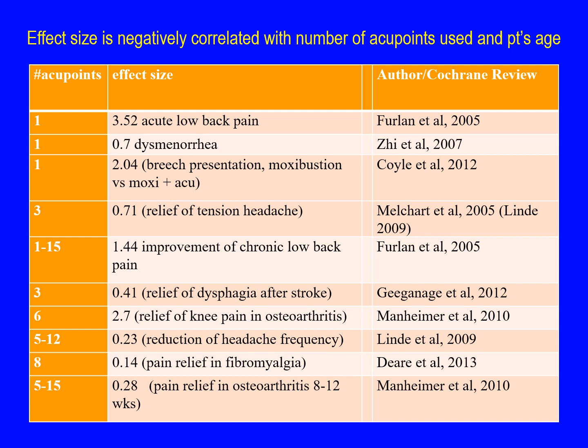And you can also compare for treating headache. That is, when 3 points are used in treating tension headache, the effect size is 0.71, while when 5 to 12 points are used in treating headache, the effect size was down to 0.23.